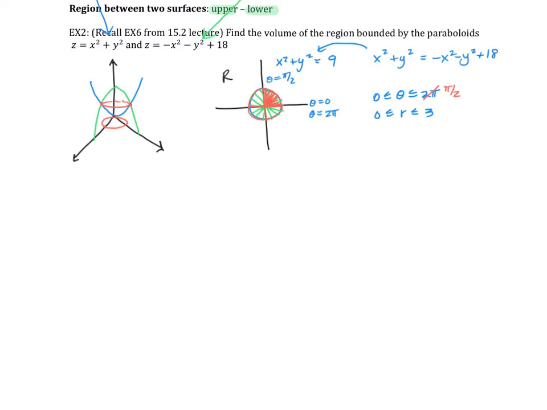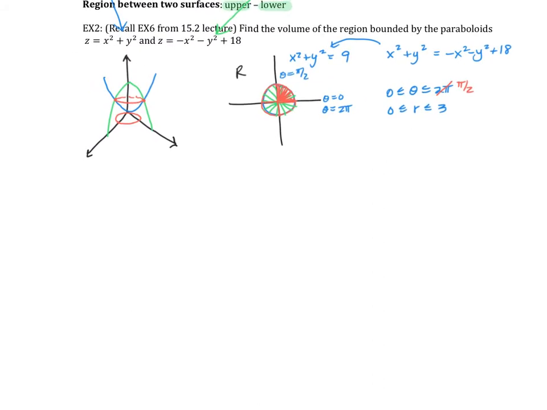And then I'm going to multiply that volume by 4. So this is something you can always do if your volumes are symmetric. So my volume, instead of going from 0 to 2 pi, I'm going to do 4 times theta from 0 to pi over 2. Don't have to do it. Can always just go from 0 to 2 pi.